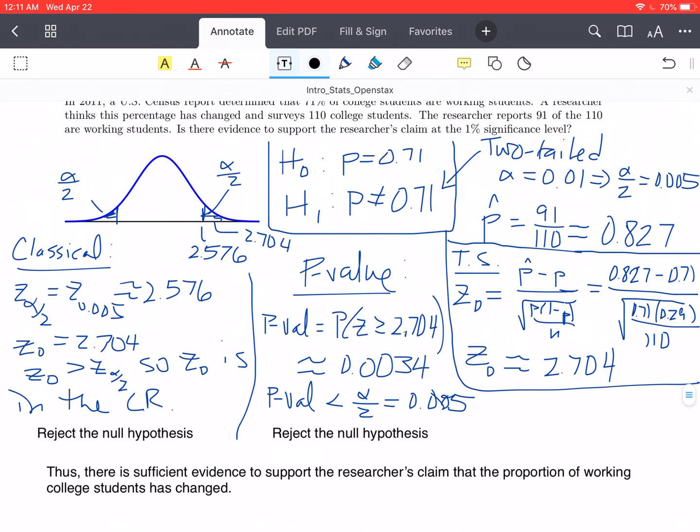So there is enough evidence to support this claim. Again, that's never a 100% guarantee. I'll say that after every problem, but it is a strong indicator that that is in fact the case.